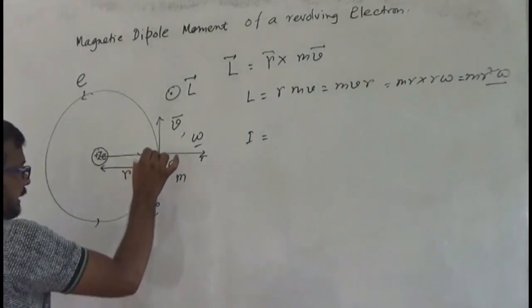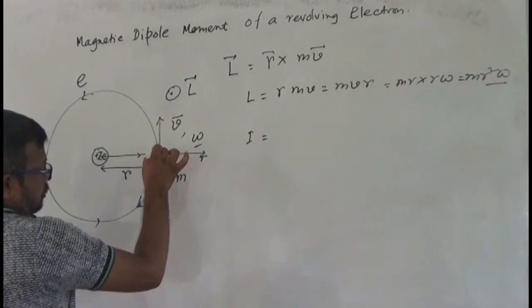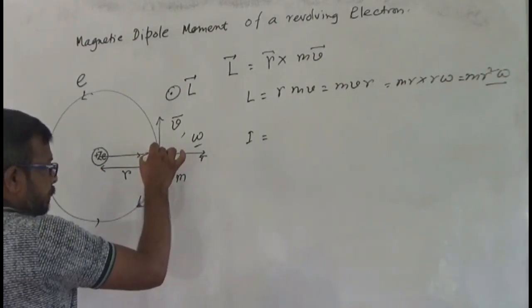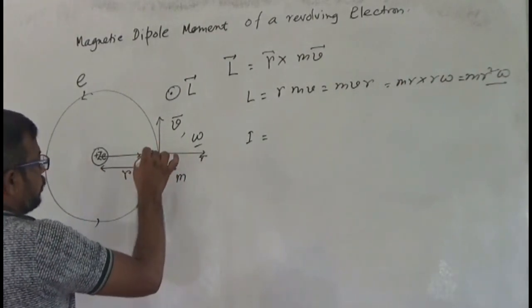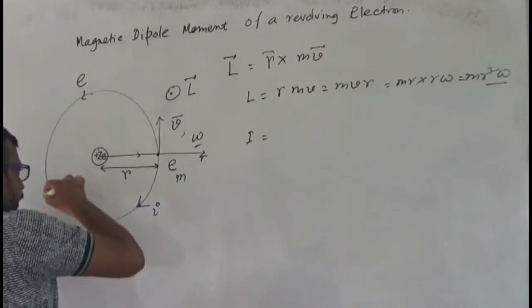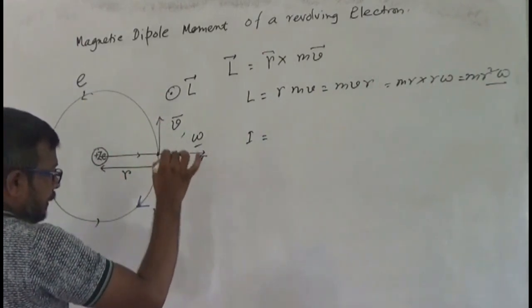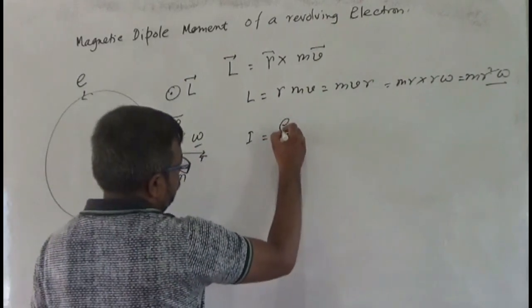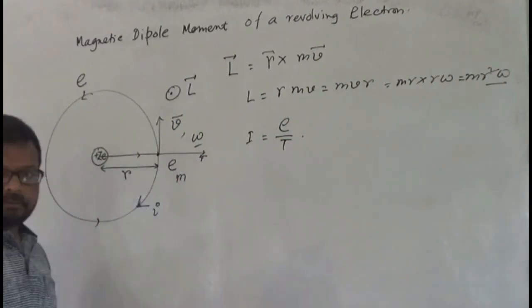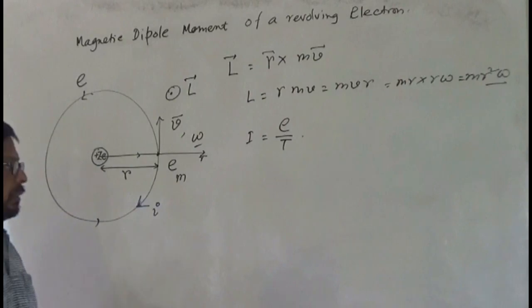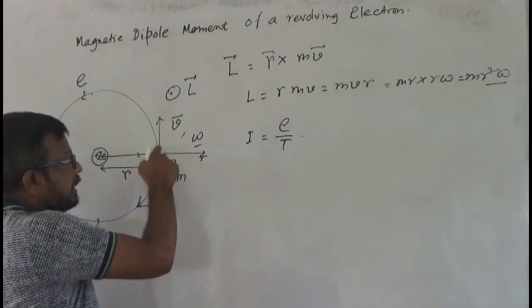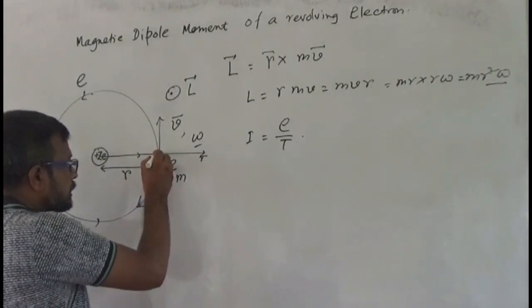If the time period of the electron to complete one revolution is capital T, then I equals e by T. After time T, charge e flows through this cross section.